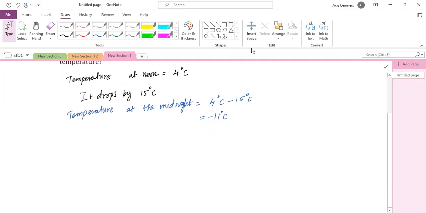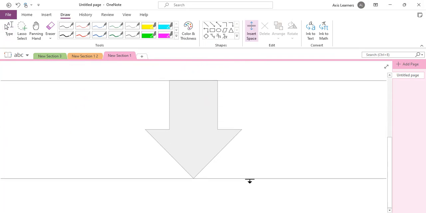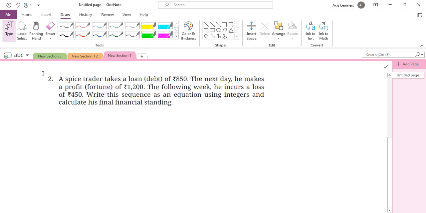In this exercise, we are going to learn about Brahmagupta's rule. See this, they have given it in these terms. Usually we say negative. Instead of negative, in Brahmagupta's rule we use debt, and for positive it is fortune.